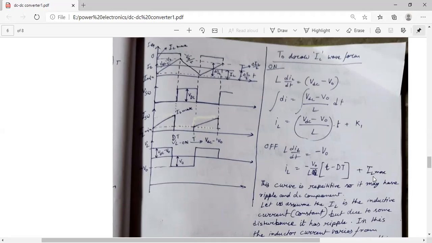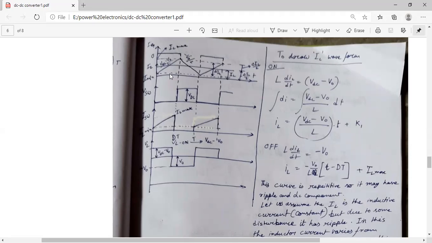So these will be our current equations. If I draw this, the current IL has a minimum value and a maximum value, and it is a continuous curve.